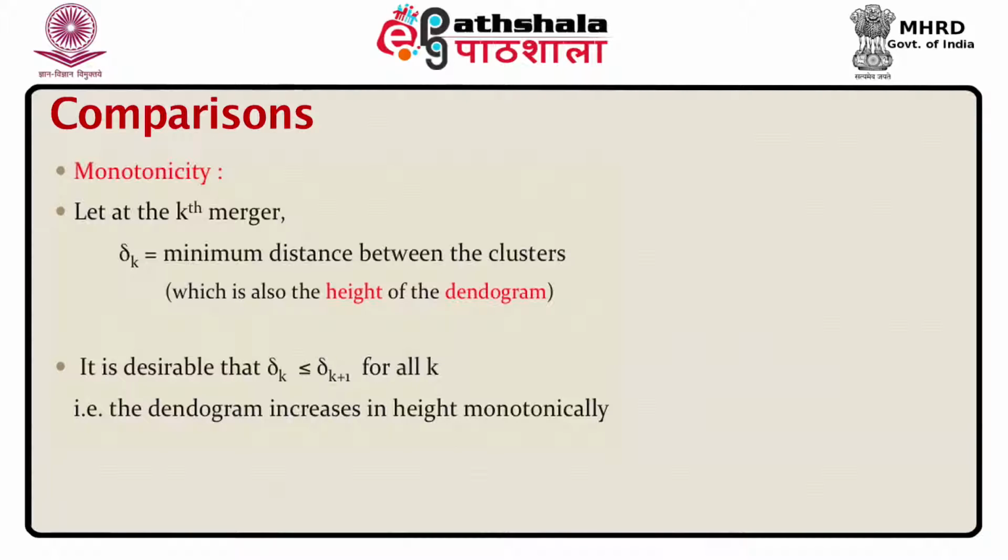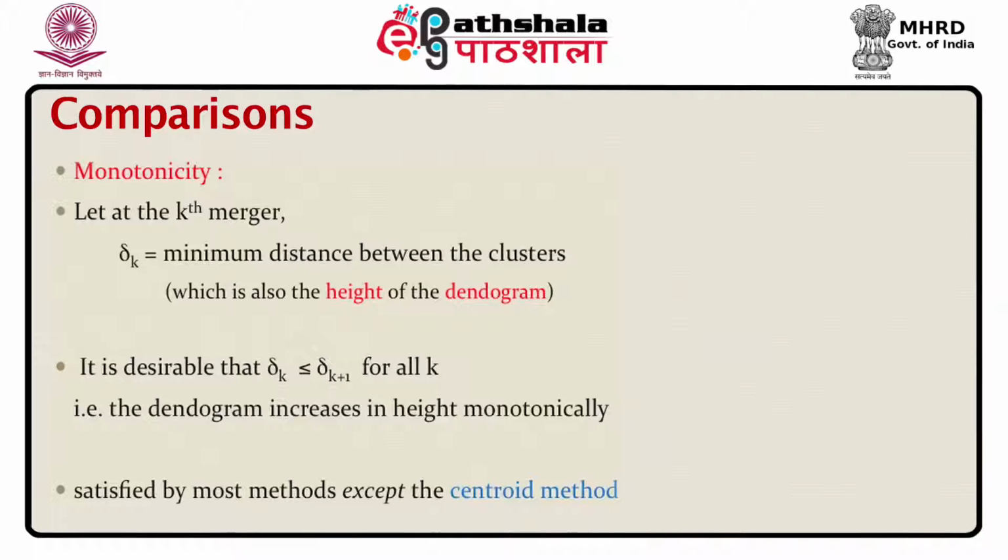So we should have delta k less than or equal to delta k plus 1, because we have already merged certain clusters at the kth stage, and then we are merging a new element or new cluster with this merged cluster. That cluster obviously should merge at a higher level. This is what we refer to as monotonicity.